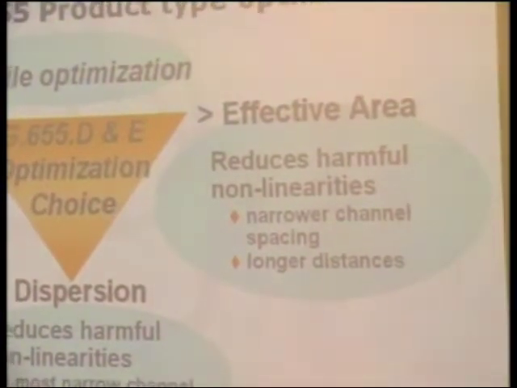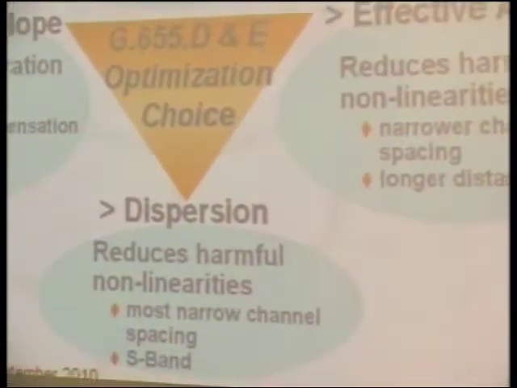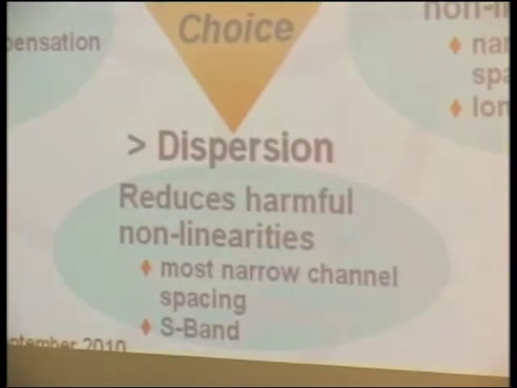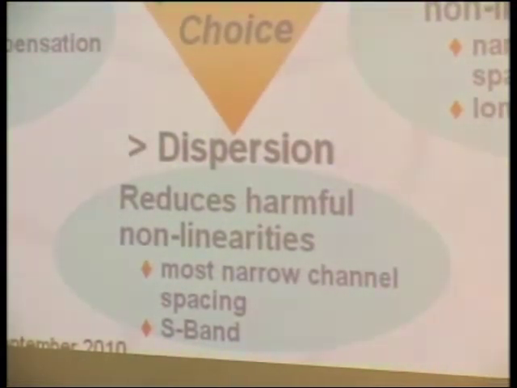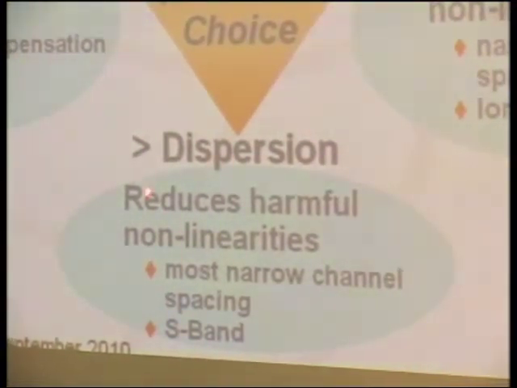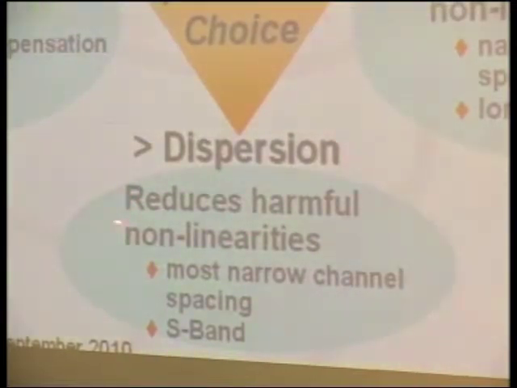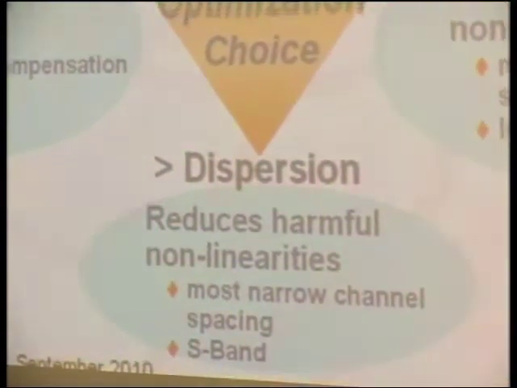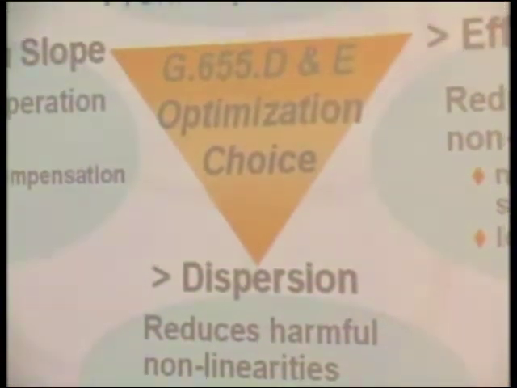The third optimization you can make inside 655 is allowing a little bit higher dispersion than the other two by using a medium dispersion fiber, which again reduces harmful non-linearities. And the most narrow channel spacing can be used, because by allowing a little bit more dispersion, you can space the channels in the most narrow way for this fiber.